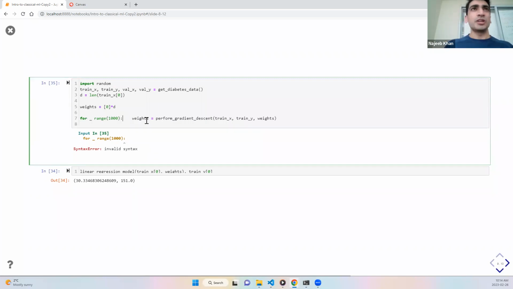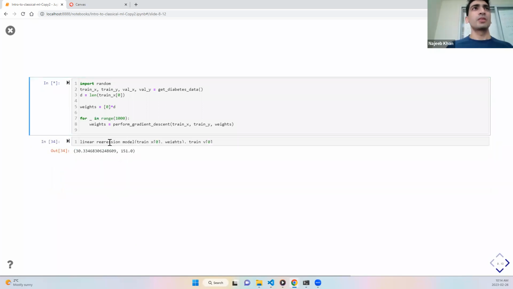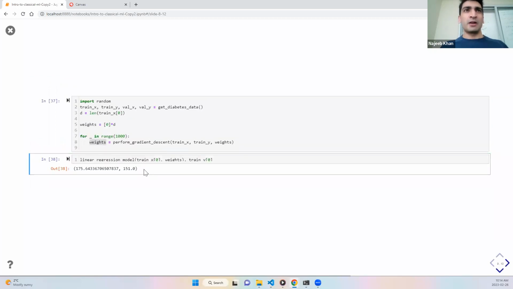Maybe 1,000 steps is too excessive. Let's see if our model has trained a little better, whether the weights are a little better or not. We see that it's closer than before. It's not exactly the same, but better.